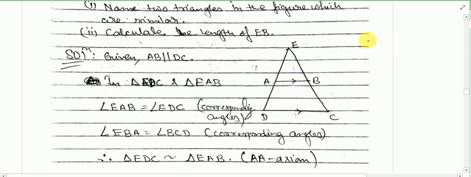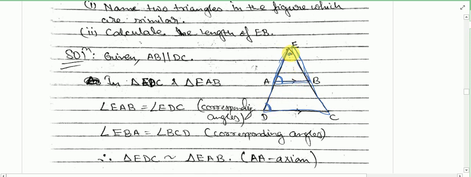So here if you see, this angle E is common for both, for EAB and also for EDC. It's a common angle, and since AB is parallel to DC, corresponding angles are equal.